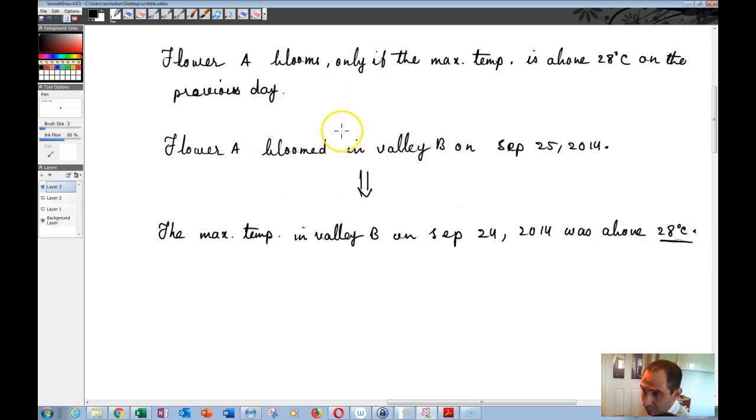Now, the kind of logical thinking and analysis that we used in order to arrive at this conclusion is called deductive reasoning.